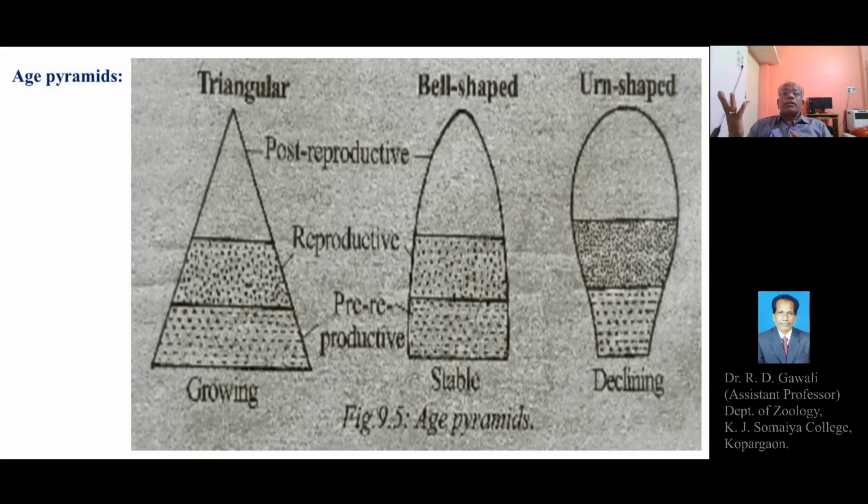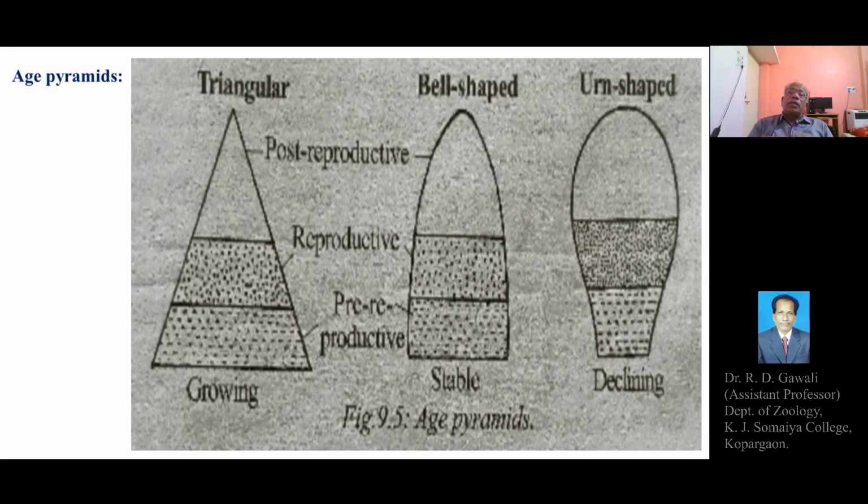In the second case, when the age pyramid is bell shaped, this is due to the presence of more or less equal numbers of individuals in each age group, that is pre-reproductive, reproductive and post-reproductive, indicating that the population is stable.